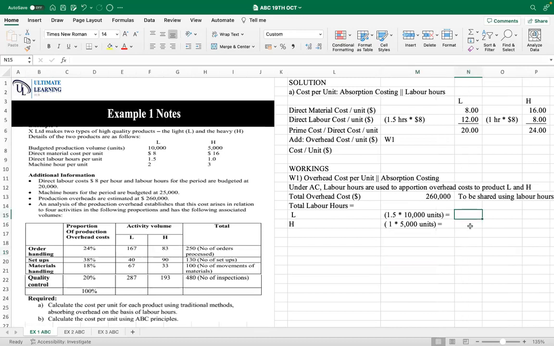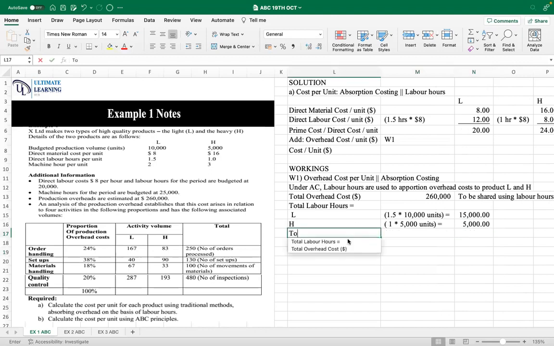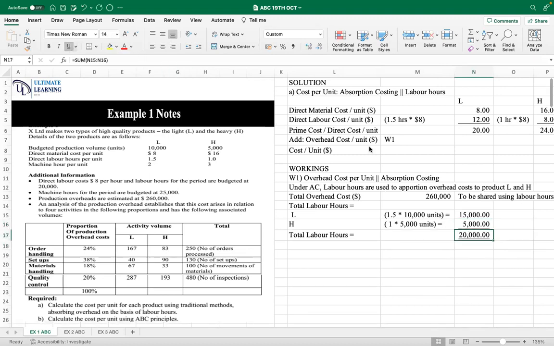Okay, so what does this give you? It gives you 1.5 times 10,000, and this other one gives you 1 times 5,000. So that gives you the total labor hours, which is 20,000 hours.